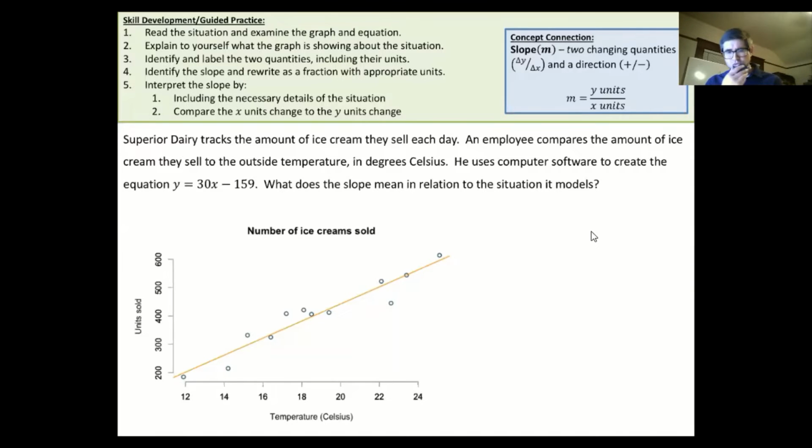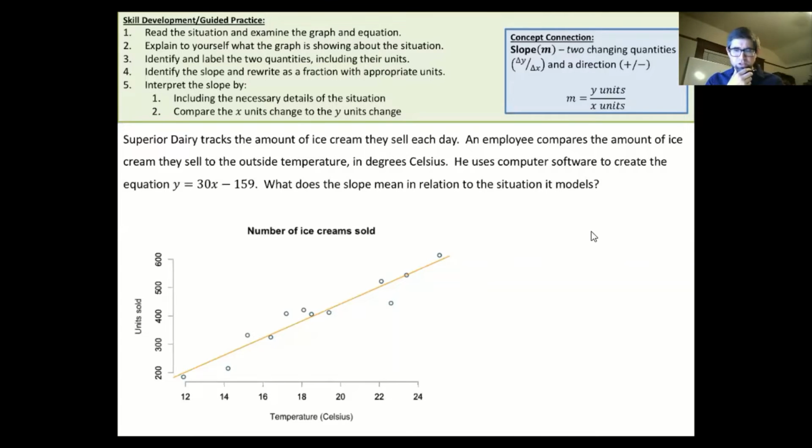Superior Dairy tracks the amount of ice cream they sell each day, like all good businesses should do. An employee compares the amount of ice cream they sell to the outside temperature in degrees Celsius. Okay, so in this situation, Superior Dairy sells ice cream every day, and there's a different temperature every day, so somebody's recording how much ice cream they sell and the temperature, probably putting that into a table.